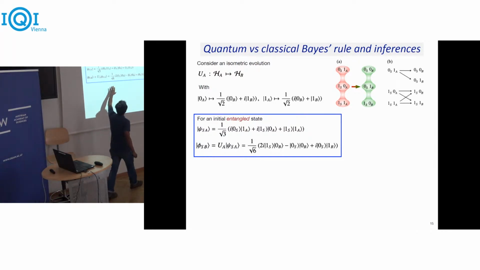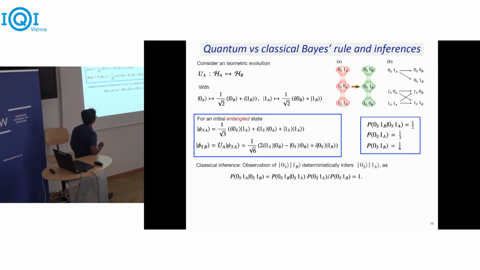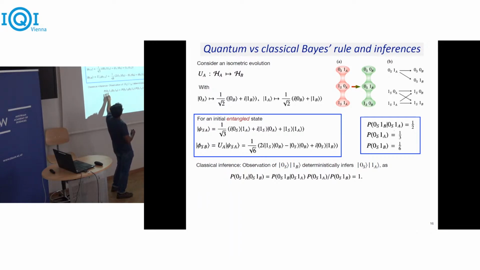Although one may say that this is appearing with 1/6 probability, whenever it appears, I can deterministically say that it must have come from here, at least from the classical Bayes theorem. And you can understand that whenever I see that, the conditional probability after you do this Bayesian inversion actually gives you 1.